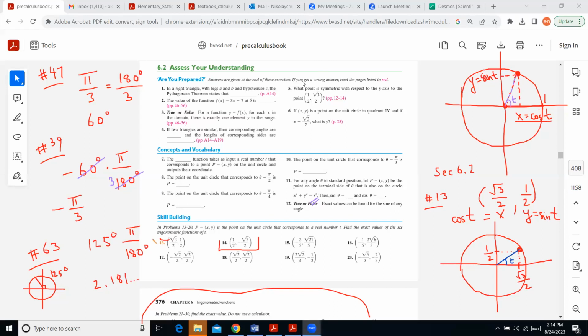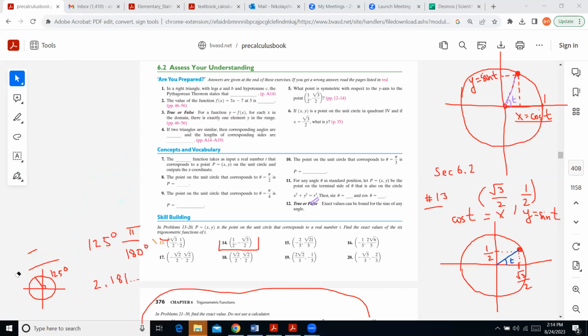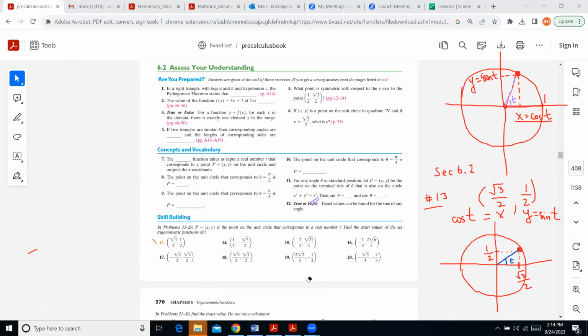But there is a little extra that I'd like to discuss. I'd like to actually find this angle.